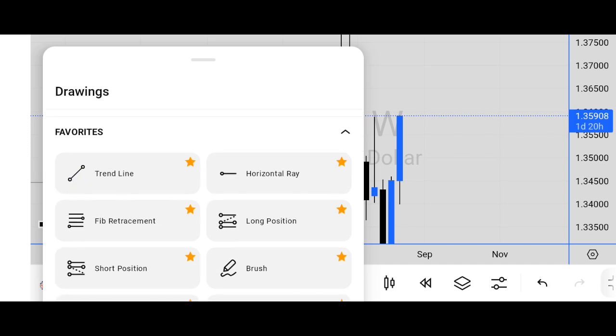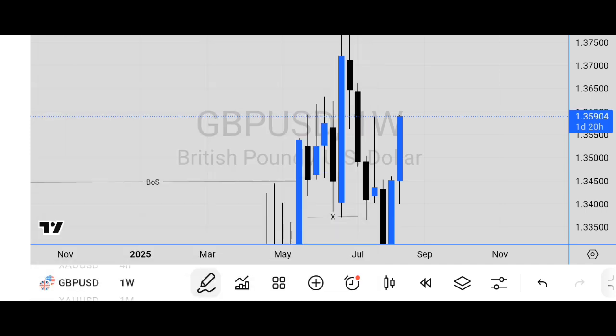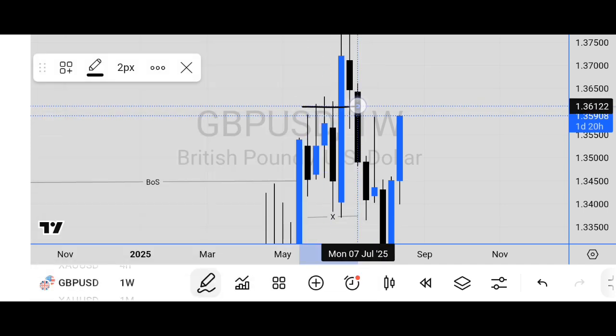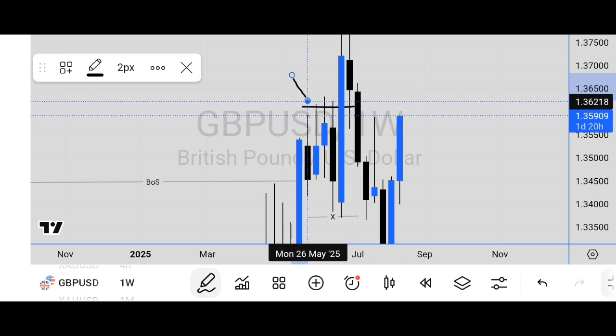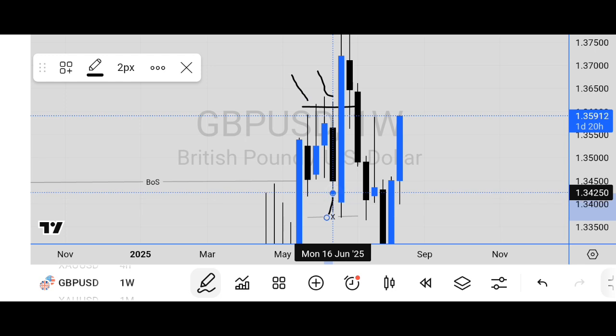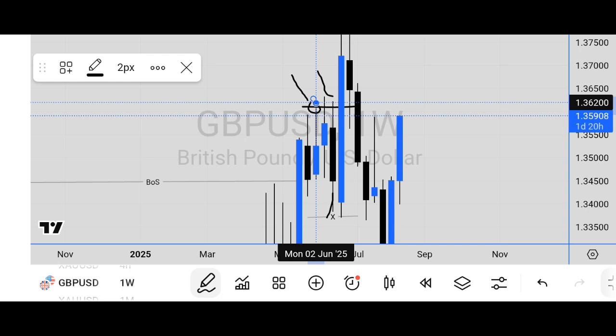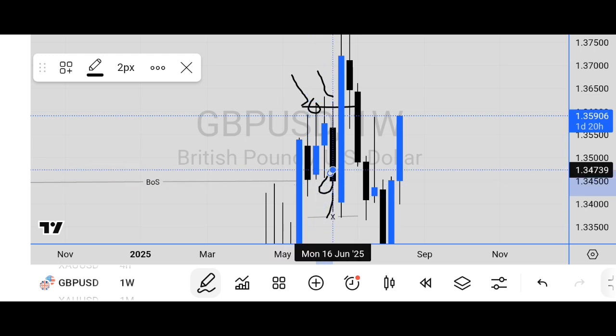How do we identify the valid pullback? This previous candle, this candle and this candle is what gave us our pullback. This is the first candle. This second candle took out the liquidity from the first candle, and then the next candle took out the liquidity from this middle candle.